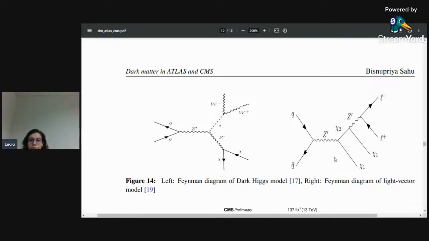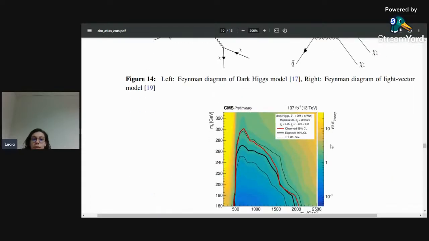As I understood the difference, in this case we consider 2 types of dark matter, Chi1 and Chi2, and we do not see a Higgs, because just this one is a dark Higgs. This one, the Z prime, would be the light vector.